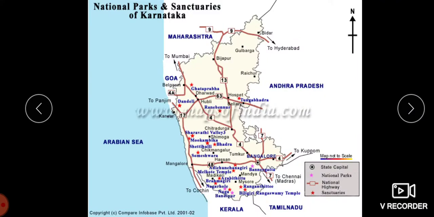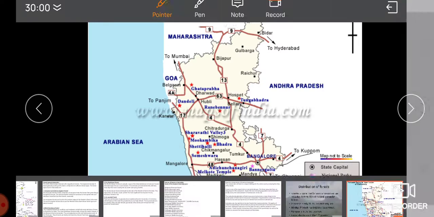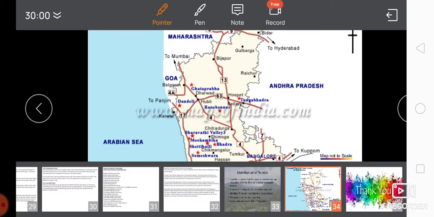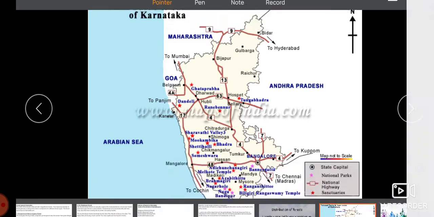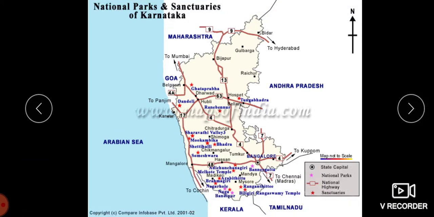Now we will move on to the next topic, that is animal resources. Karnataka has a variety of animal resources. The main resource for this is the abundant forest land. The Sahyadris rank among the hotspots of the world for biodiversity. Recently, they have been declared a World Heritage Area.